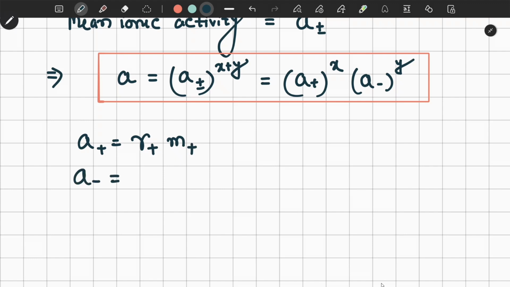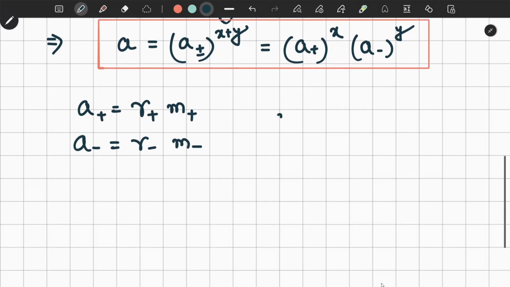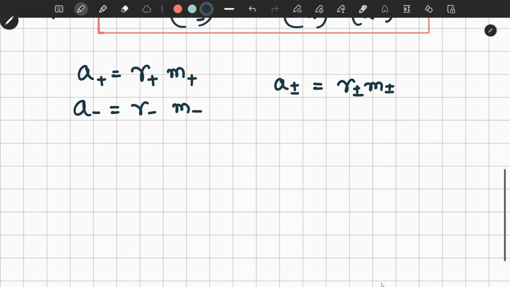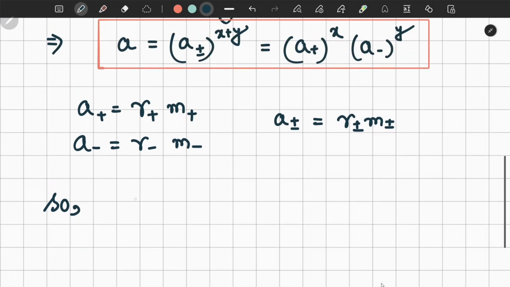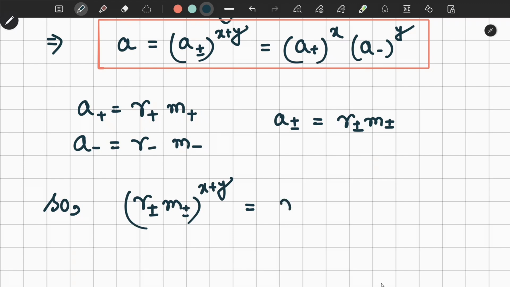Similarly, A minus should be gamma minus M minus, and A plus minus, this mean value, can also be written like this. Now if we put it there, from the above discussion we can write: gamma plus minus M plus minus to the power x plus y equals gamma plus M plus to the power x, gamma minus M minus to the power y.